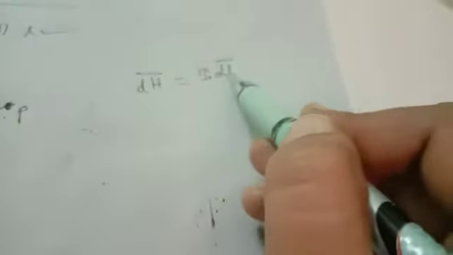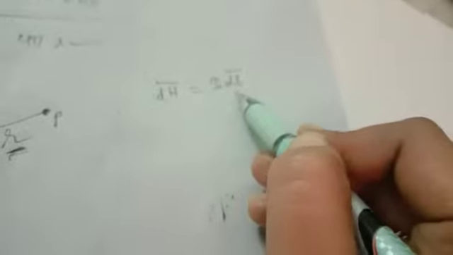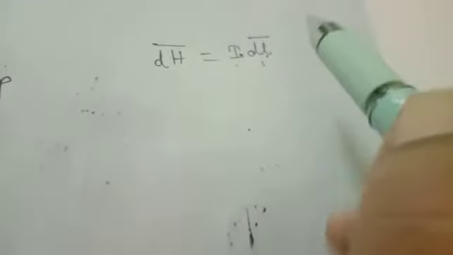From this we can write dH in vector form, I dl bar. What does I dl bar represent? I dl bar represents the differential length of the current carrying conductor with its direction of I. The direction of this differential length is the current direction, so we take it as I dl bar. Next we consider a vector quantity R.